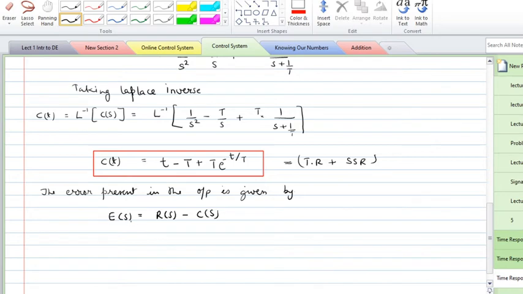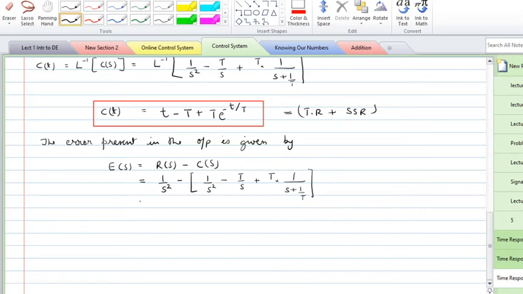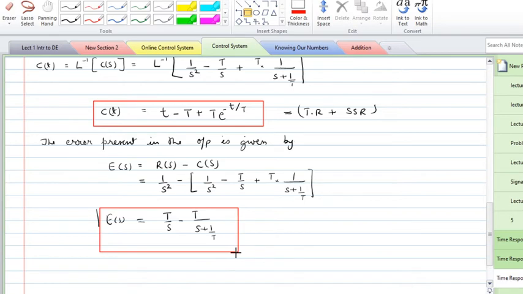Okay, so you can find out this as R(s) is 1 by s square minus (1 by s square minus T by s plus T times 1 by (s plus 1 by T)). Okay, so we found it like this, that is T by s minus T divided by (s plus 1 by T), and this is in s domain.